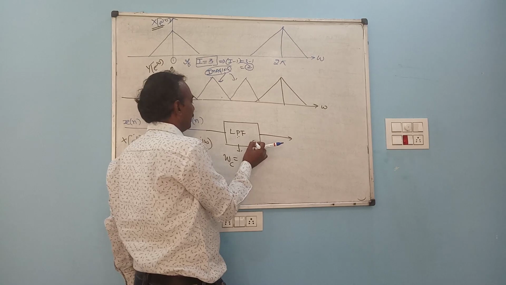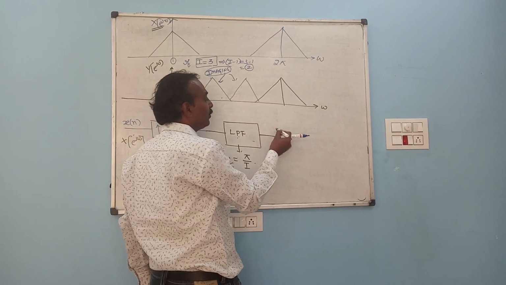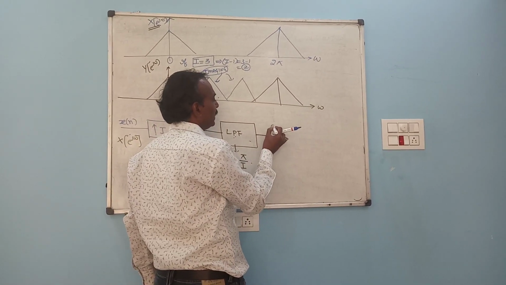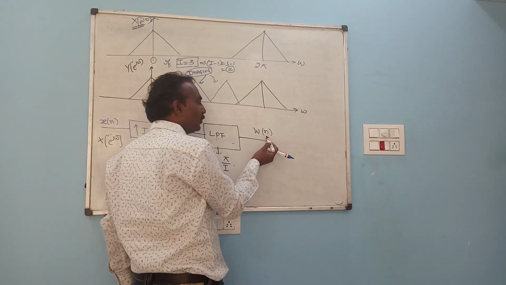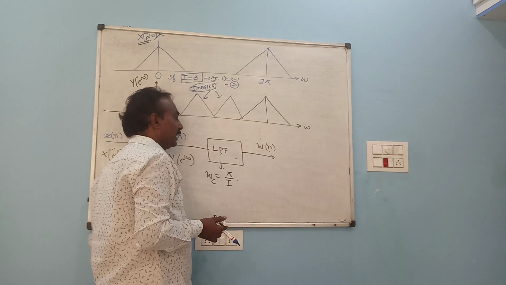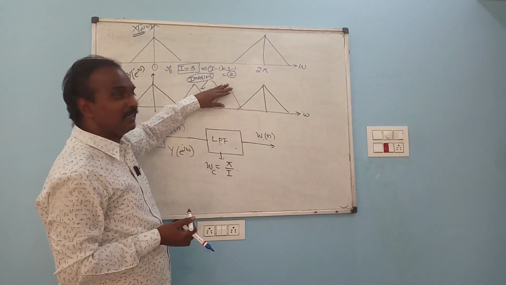So the output, suppose W of n, doesn't have any images.